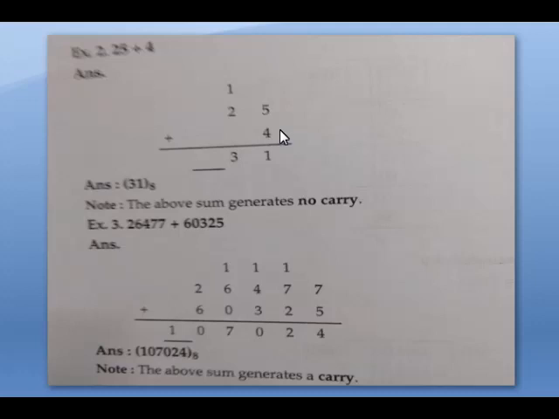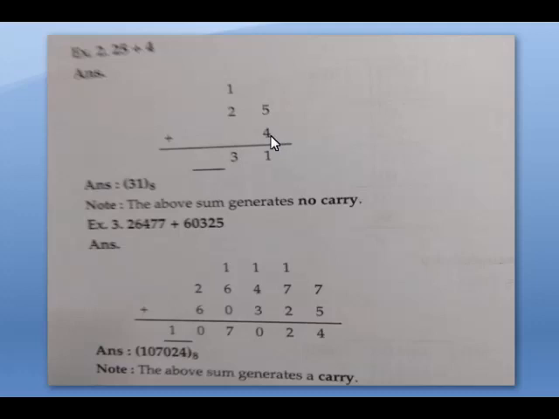10, 11. So 1 is here and the carry is here. 1 plus 2 is 3. Did you understand this? 5 plus 4 means 9. In the octal number system, after 7 it is 10, then 11, 12, 13, 14, like this it will go.